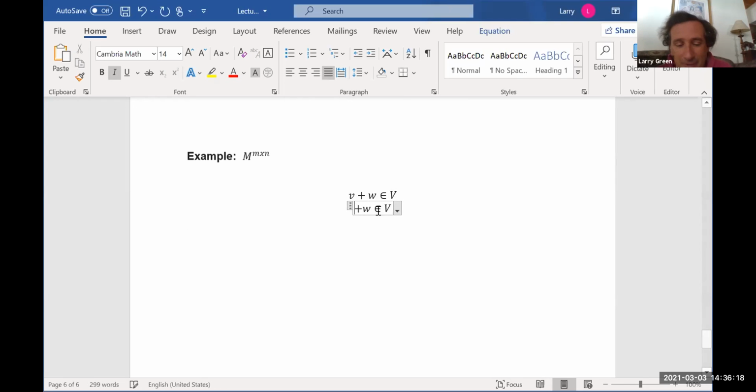I don't like to use V for a matrix. I like to use A, and I like to use B for a matrix instead of W. And we want to show that this is an element of m by n. Okay, also very easy. So what do I have to do?